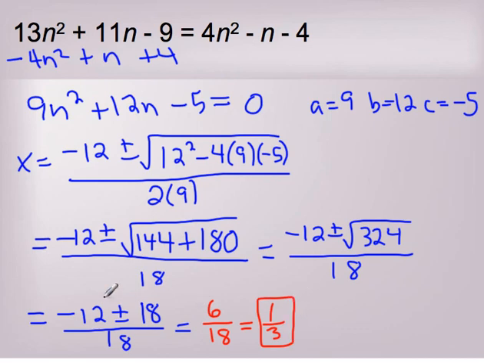Now I'm going to go back and do the subtraction. Negative 12 minus 18 is negative 30 over 18. And when I reduce that, it's going to be negative 5 over 3. So I have two real number answers there, 1/3 and negative 5/3.